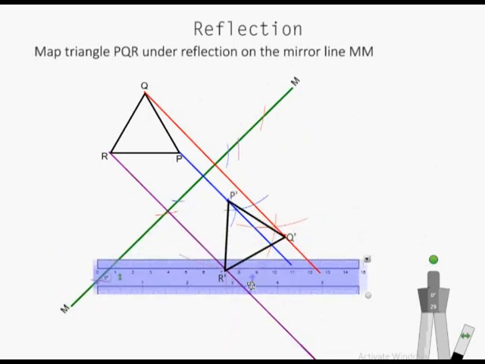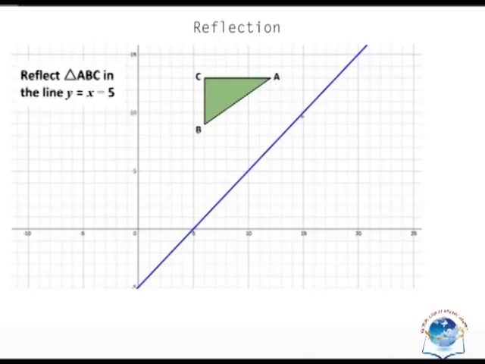Now, ever so often, you will reflect images on a Cartesian plane, because only then can you give the coordinates of the vertices and also the equation of the mirror line. But the principle remains the same. You draw perpendiculars to the mirror line from the vertices of the image. You take the same distance from the mirror line to locate the points on the image.